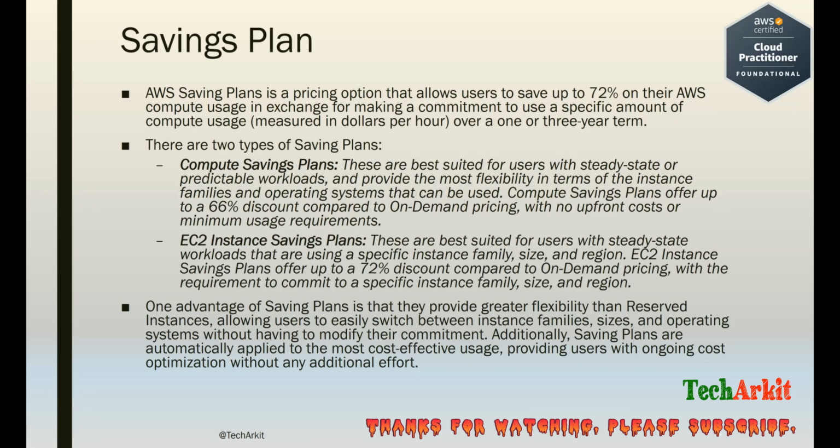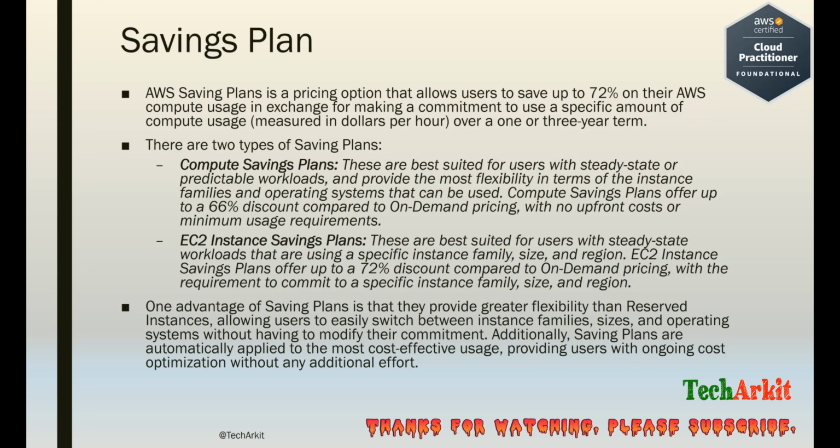So that is compute savings plans. EC2 instance savings plans are best suited for users with steady state workloads that are using a specific instance family, size and region. EC2 instance savings plans offer up to a 72% discount compared to on-demand pricing with the requirement to commit to a specific instance family, size and region.